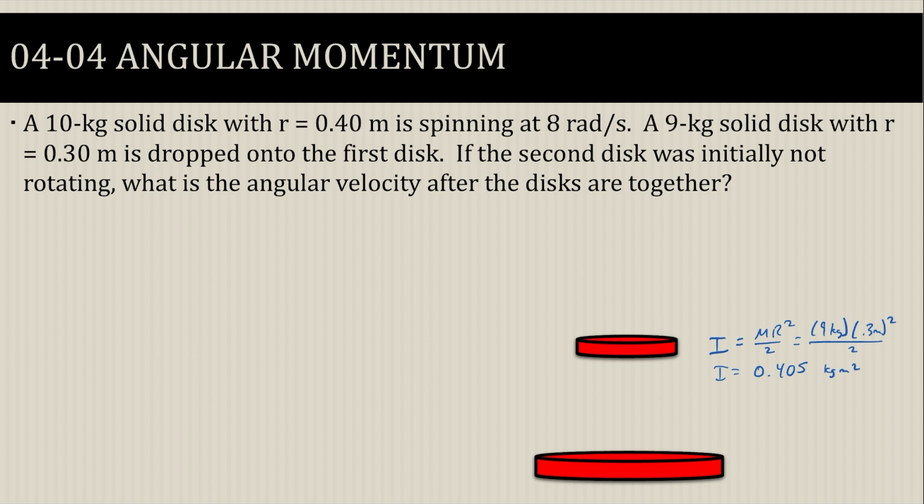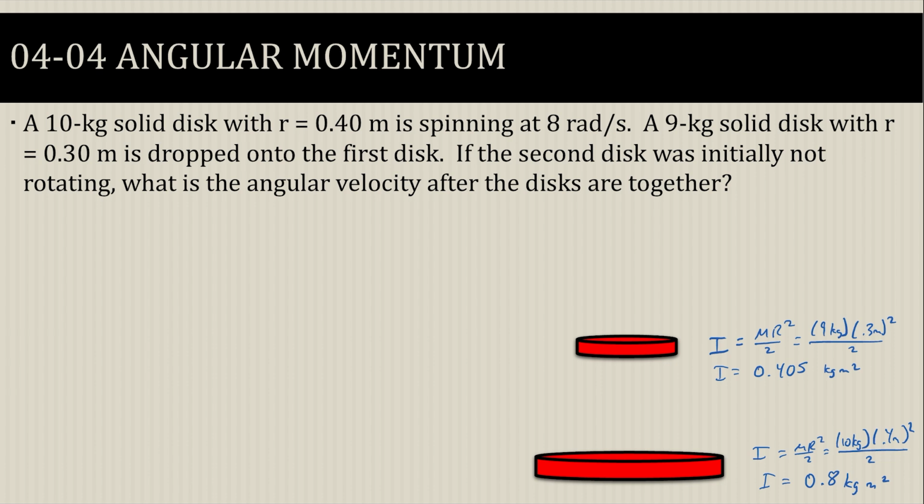For the bigger disk, the mass is 10 kilograms and its radius is 0.4 meters. So its moment of inertia is 0.8 kilogram meters squared.